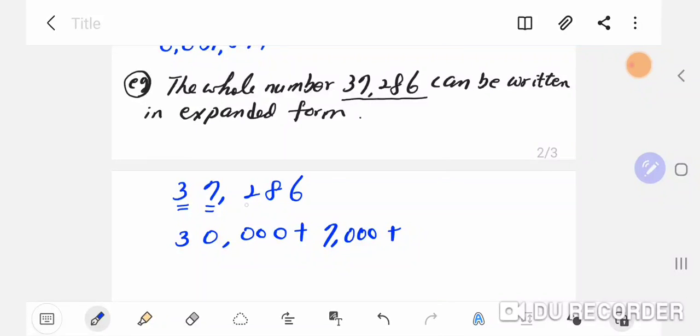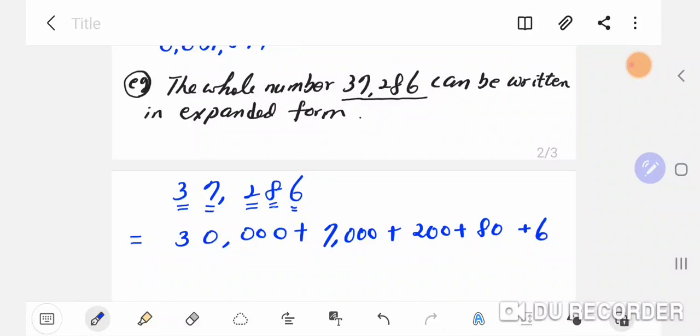the hundreds digit is 2, so this will be 200, plus 8 is the tens digit, so there will be 80, and the ones digit is 6. So when you expand a whole number, it can be written as the sum of these numbers.